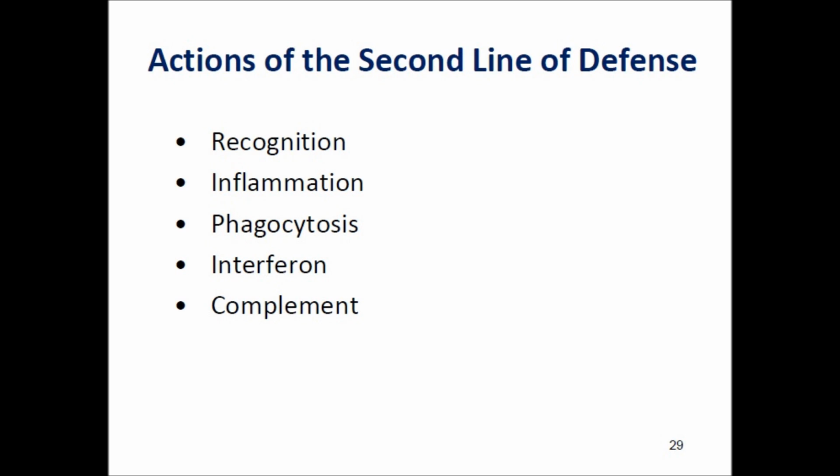And so mainly what happens in the second line of defense is inflammation is a possibility. You've all had it, where you get inflamed, and I think there's an example of inflammation of a finger. And then phagocytosis, meaning whatever bacteria gets into your body, whatever microorganism is being taken up by specific white blood cells.